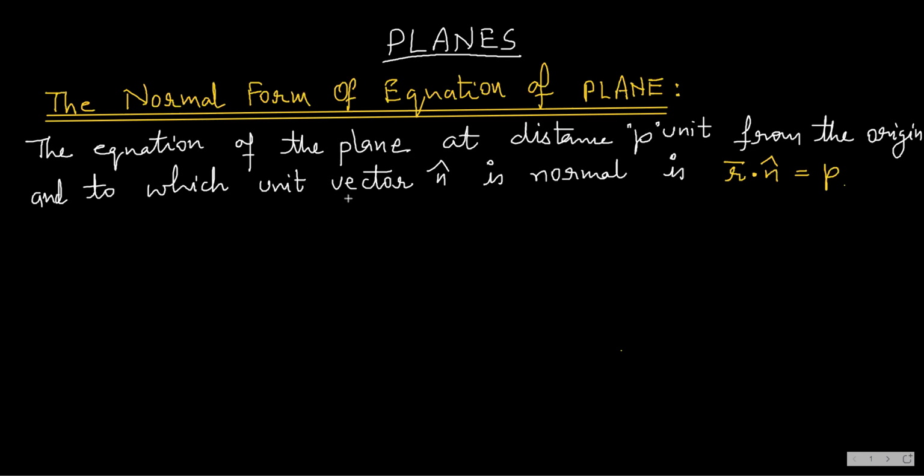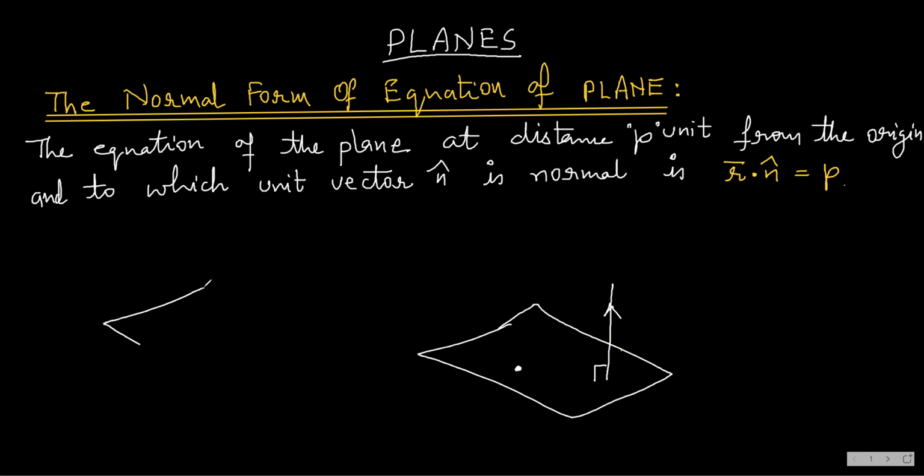Like if you remember, you found the equation of plane when you had one point on the plane and a vector perpendicular to the plane. Then you found the equation of a plane when you had one point on the plane and two vectors which are parallel to the plane.